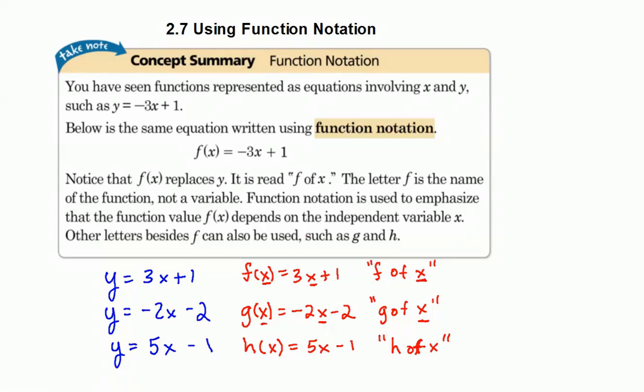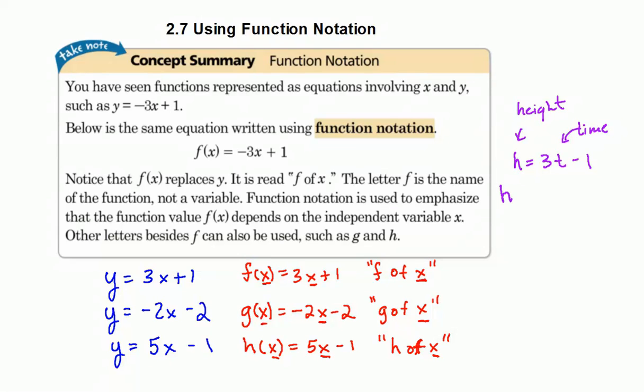Now, does it always have to be x? Not always. The x, again, represents the input. So let's say I have an equation where we're using height and time. Instead of using y and x, I'll use h equals 3t minus 1. Let's say t represents time and h represents height.